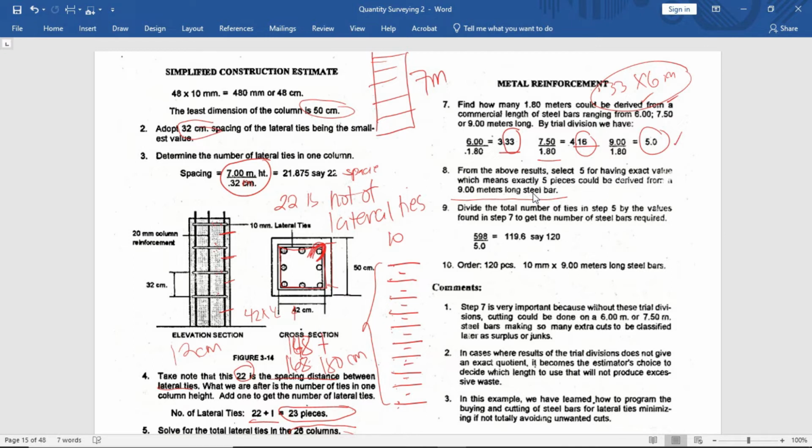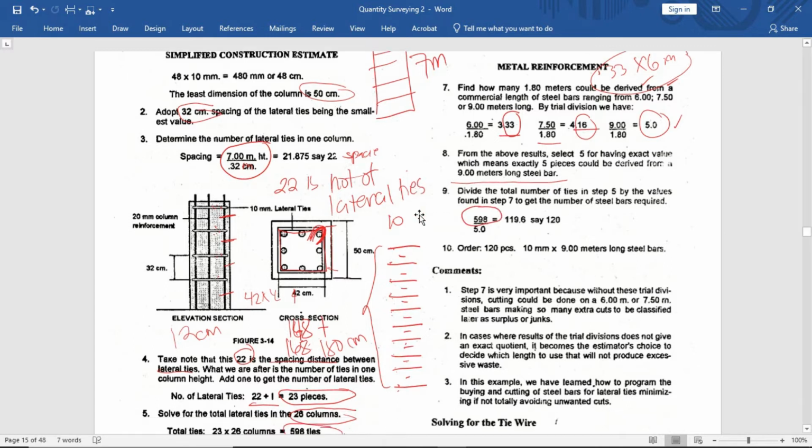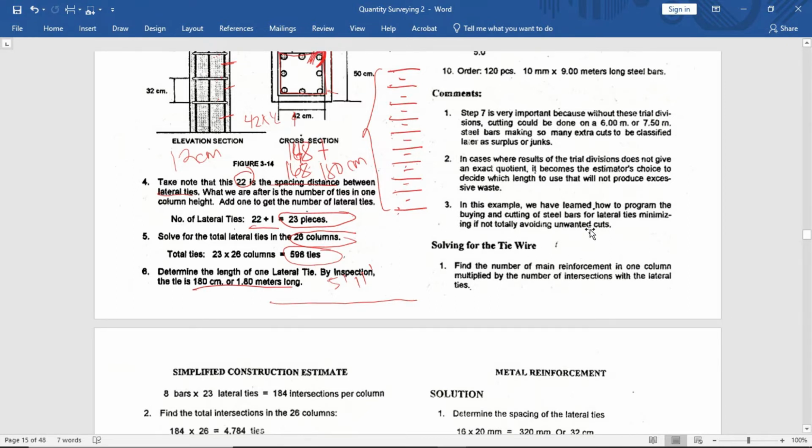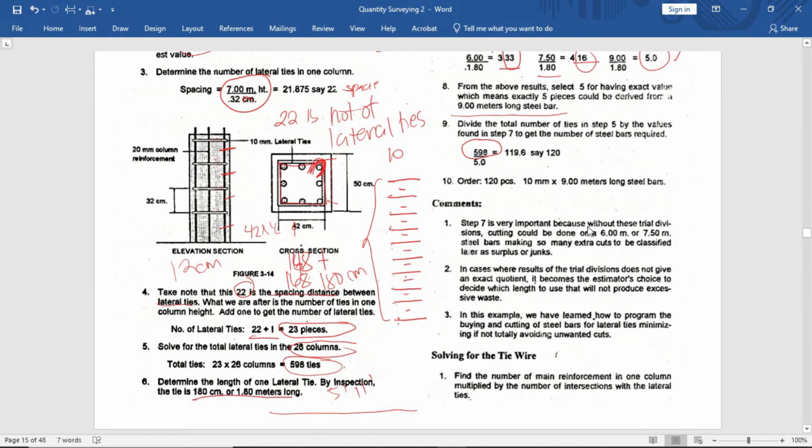So, after that, we divide the total number of ties to get the number of steel bars. So, 598. Saan nanggaling ulit yung 598? Nanggaling yan dito. Number of pieces of lateral ties times the number of columns na 26. So there are 598 ties in 26 columns. So 598 ties divided by 5 is equal to 119.6.